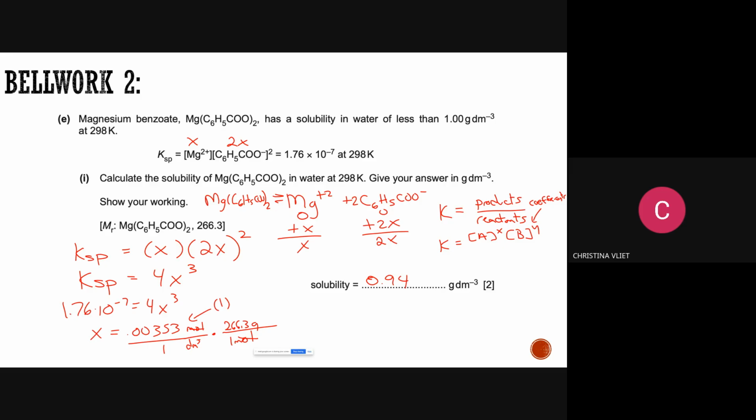So I created over the weekend a practice set of Olympiad questions that are related to the unit that we are in right now. Some of them are direct questions with Ksp, with Ka, weak acids, buffers, and some of them require a little bit more knowledge than what is in the Cambridge curriculum.